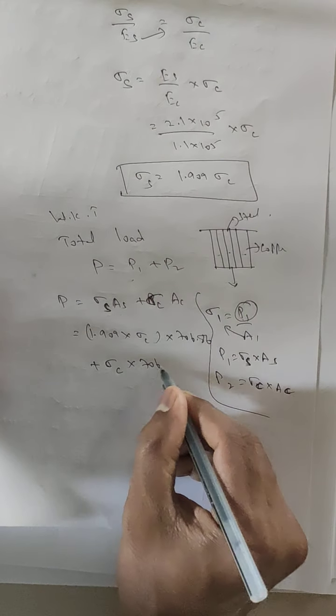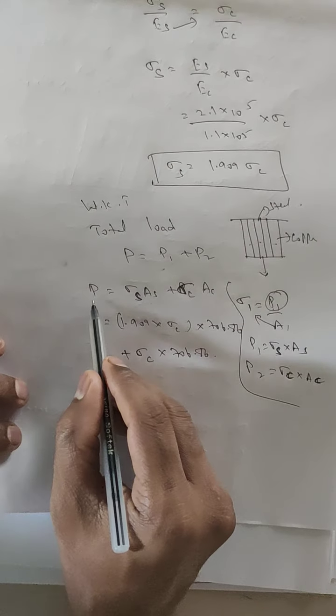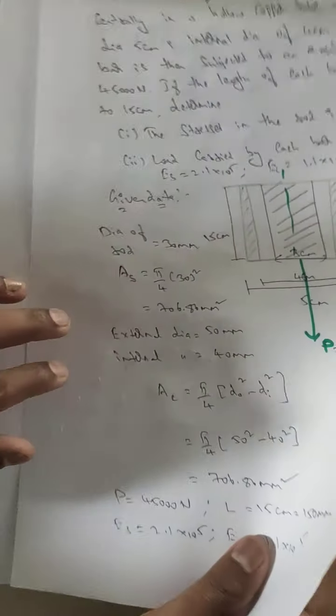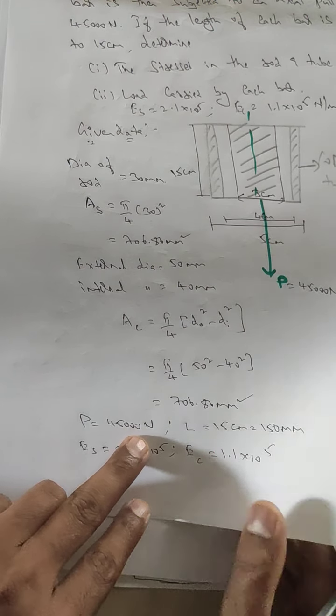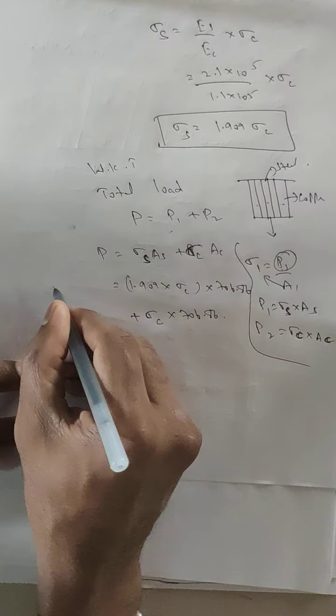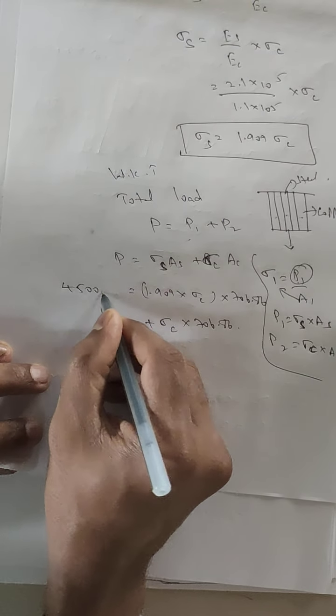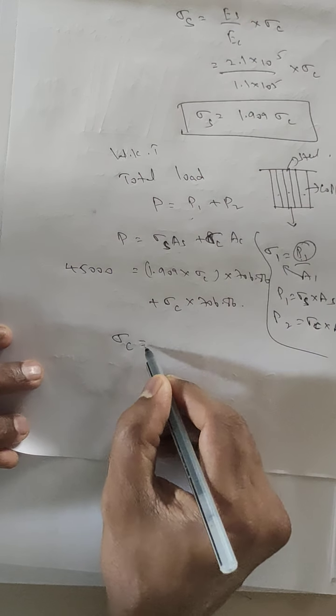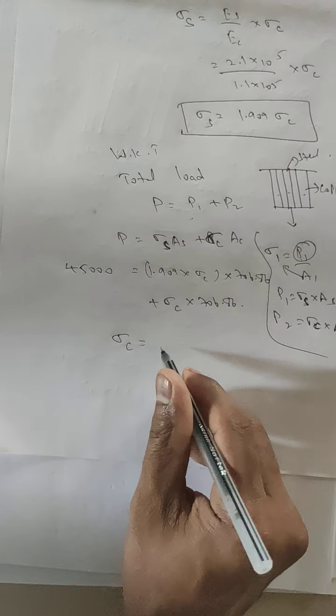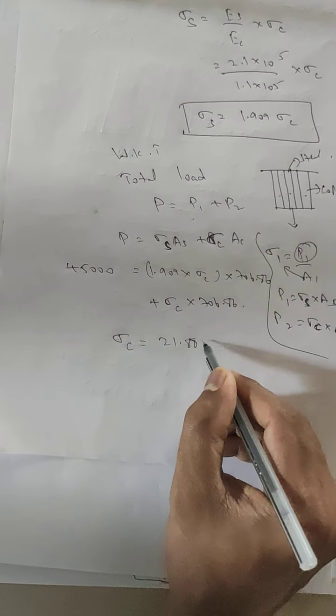Now P is nothing but the total load, which he has given. Total load P is equal to 45000 Newton. So you can substitute your total load as 45000 Newton, and from here if you calculate, sigma C value will be equal to 21.88 Newton per mm square.